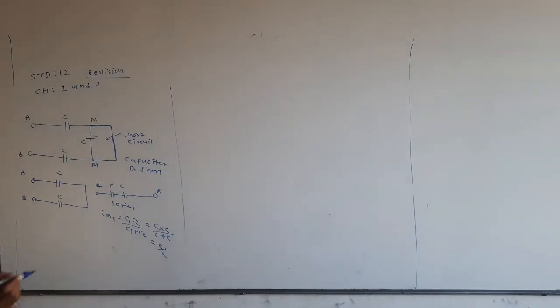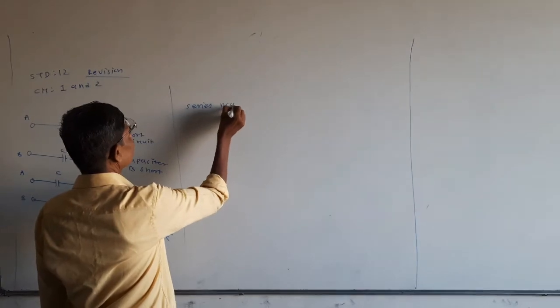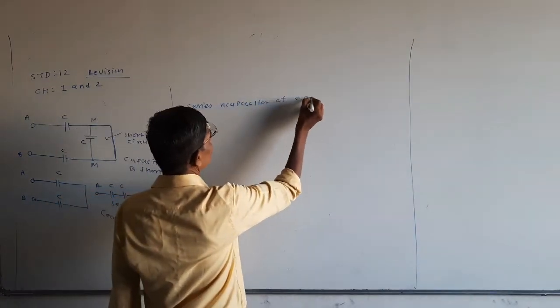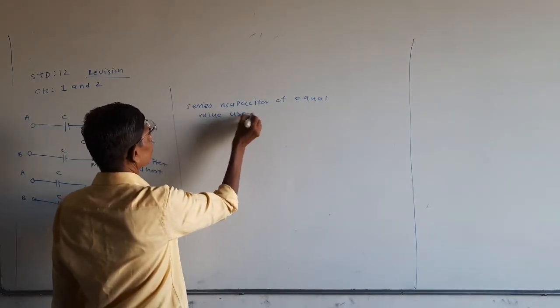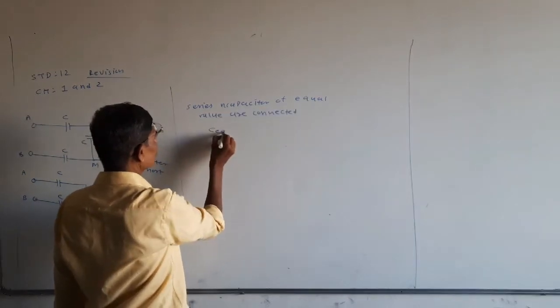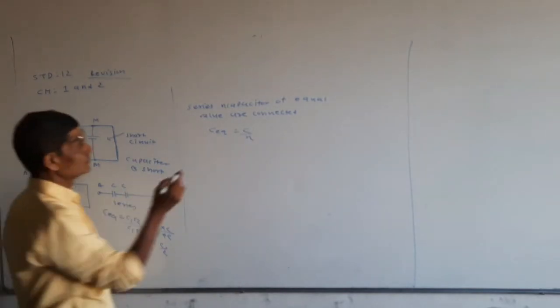Or if n capacitors of equal value are connected in series, then C equivalent is C by n. Here n is equal to 2.